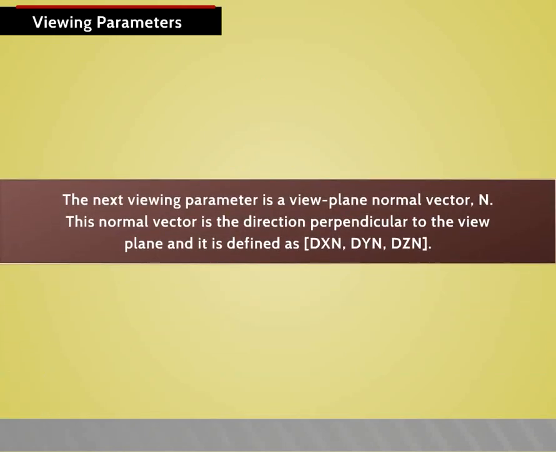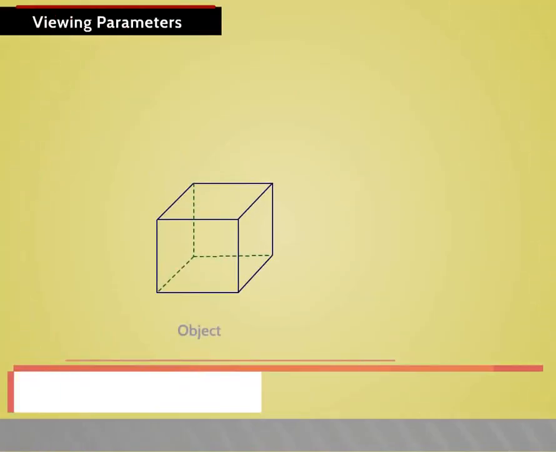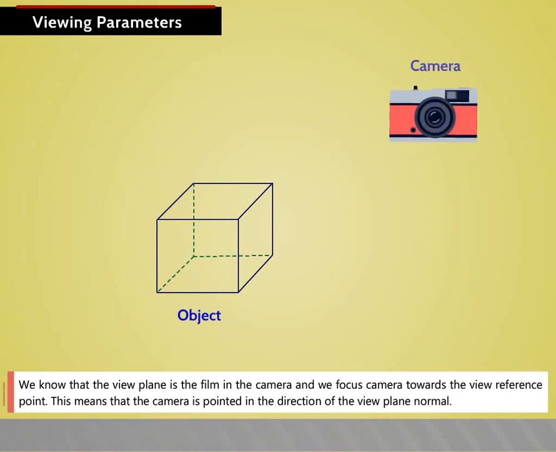The next viewing parameter is a view plane normal vector, n. This normal vector is the direction perpendicular to the view plane and it is defined as dxn, dyn, dzn. We know that the view plane is the film in the camera and we focus the camera towards the view reference point.